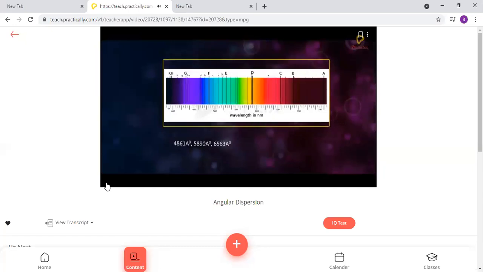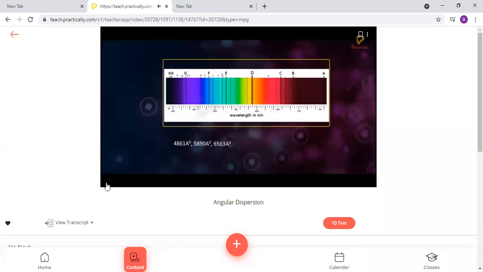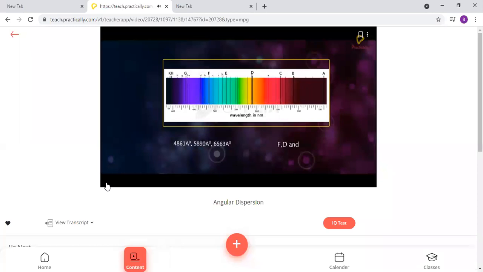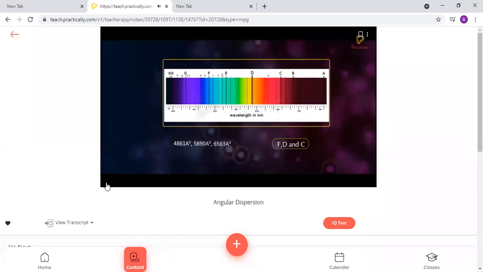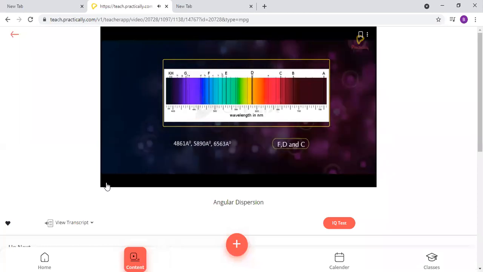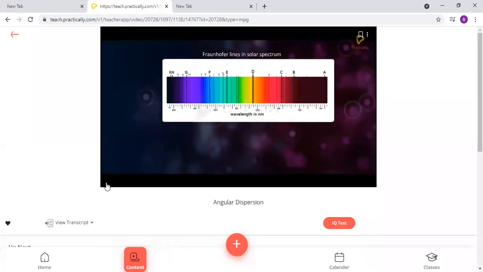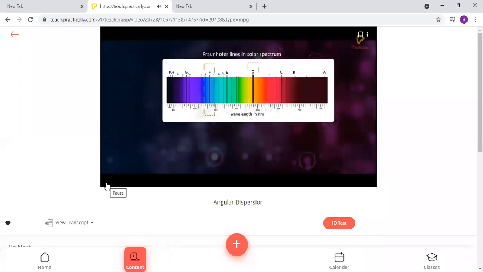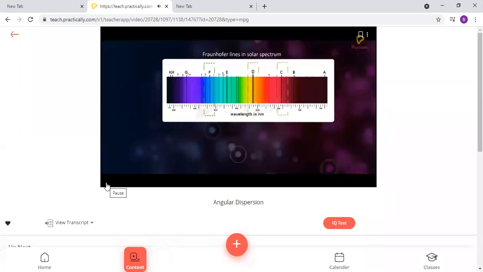4,861 angstroms, 5,890 angstroms, and 6,563 angstroms are the wavelengths of F, D, and C respectively. Fraunhofer lines in solar spectrum are in the region of blue, yellow, and red of the spectrum.